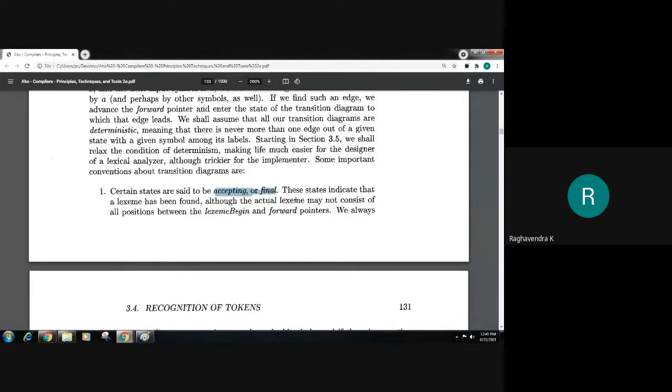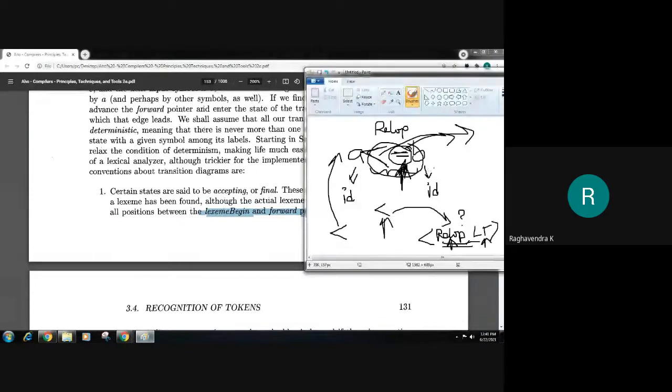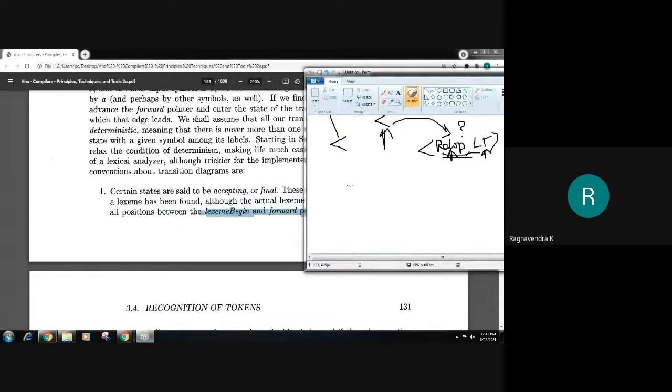Of course, I will also explain how lexeme begin and forward are used. These states indicate that a lexeme has been found, and the lexeme consists of all positions between lexeme begin and lexeme forward. This is the convention that we are using here. For example, when we are scanning some input like A, B, C, we have lexeme begin and forward.